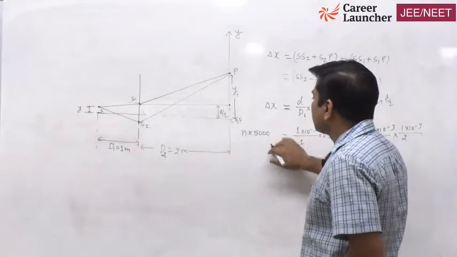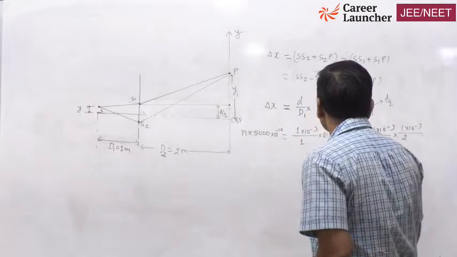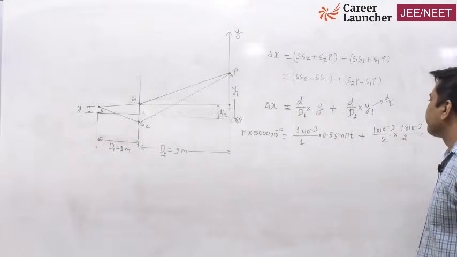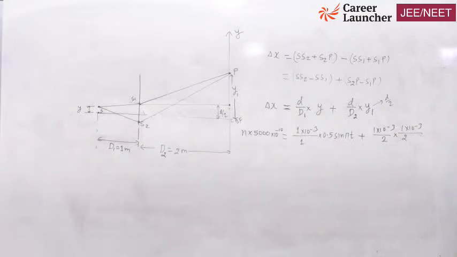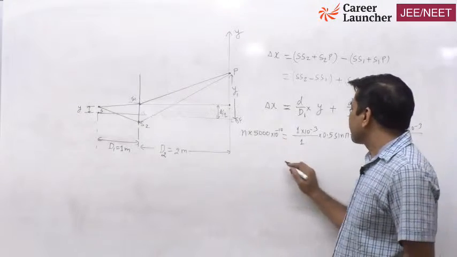Or if you want, you can write this as 10 raised to power minus 10, and this millimeter is changed already. You can check. Correct. So now everything is in meter. Am I right?